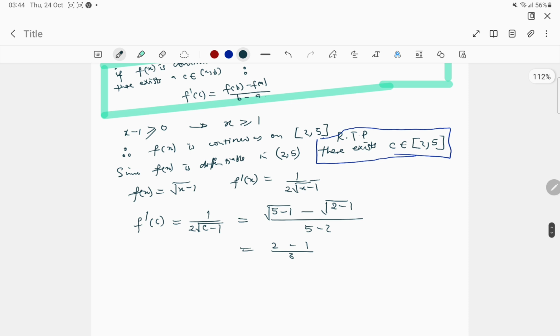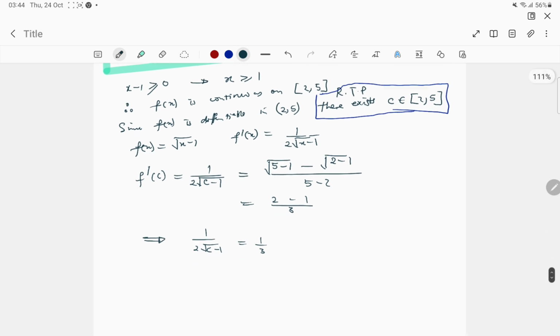So it's giving us that 1 over 2 root of c minus 1 is equal to 1 over 3, which means 3 is equal to 2 root of c minus 1. Then we just square both sides.